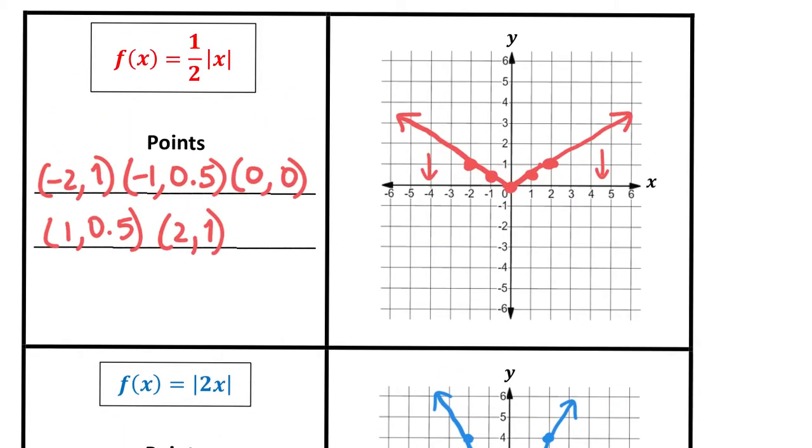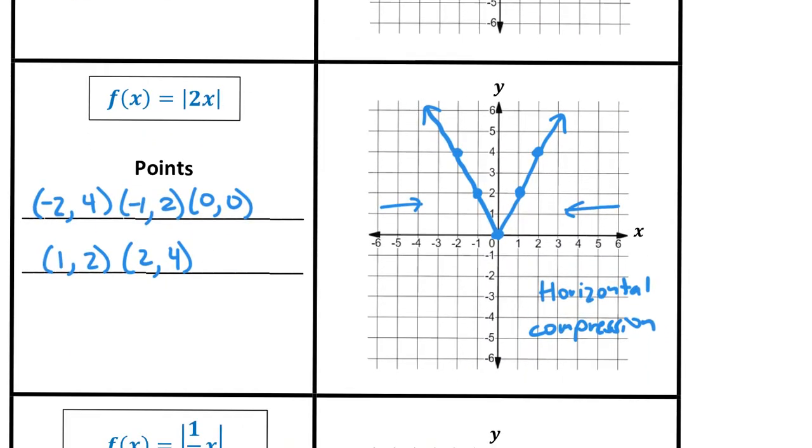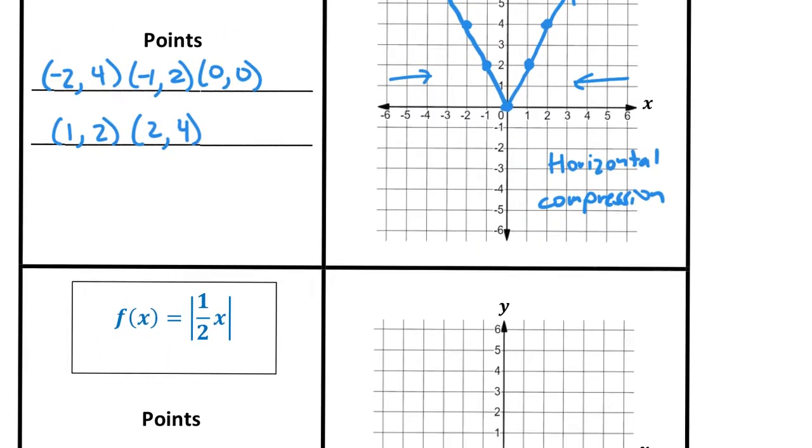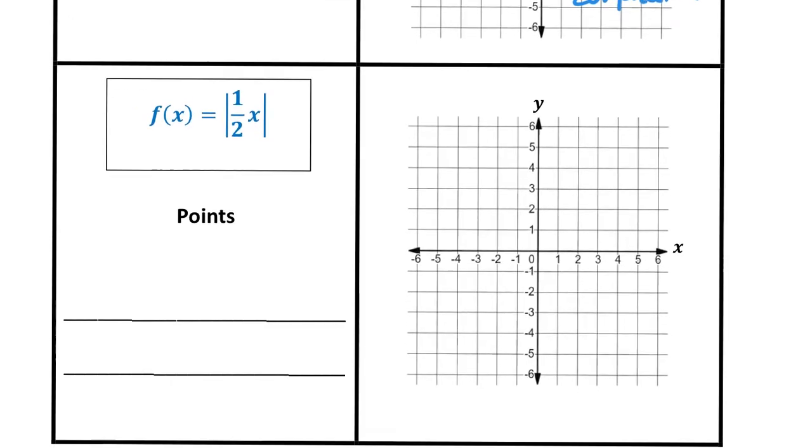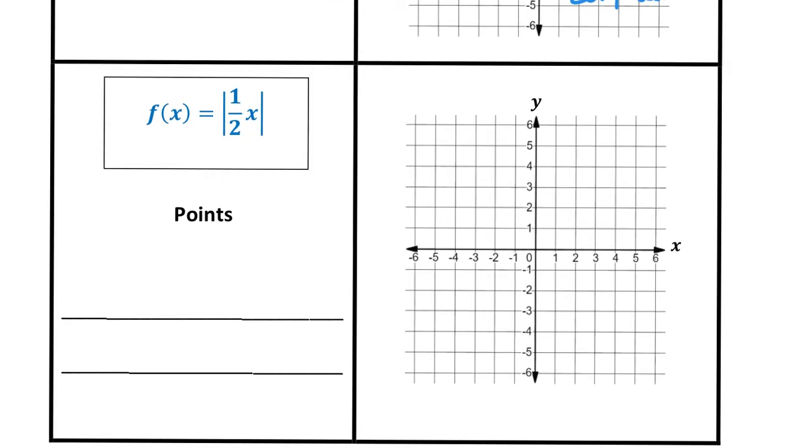Let me put the name here. This is vertical compression. Then we have horizontal compression. And the last one here is, I believe, horizontal expansion.